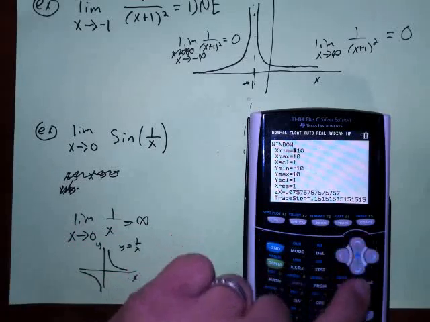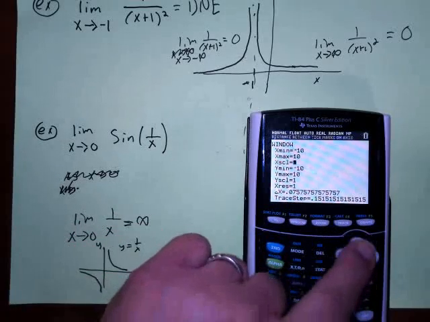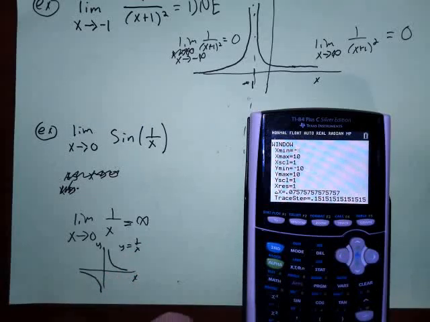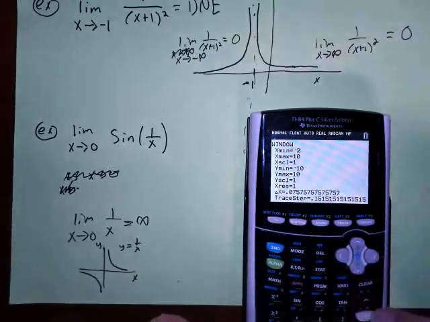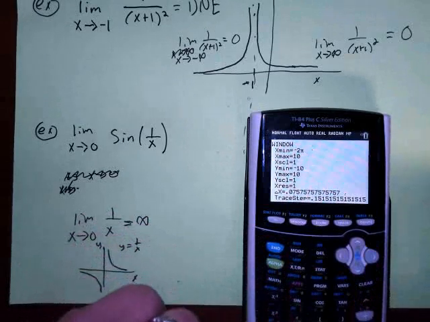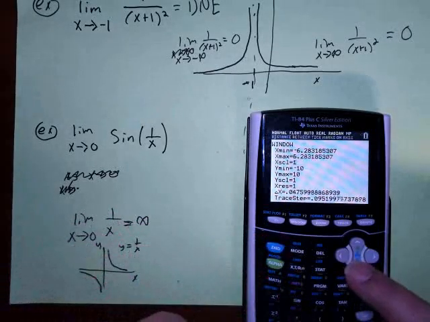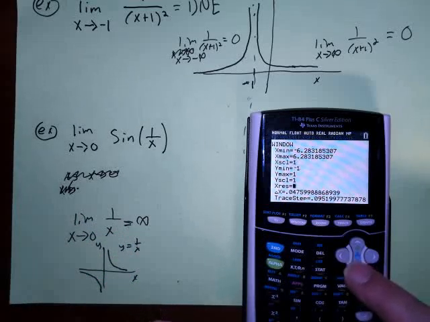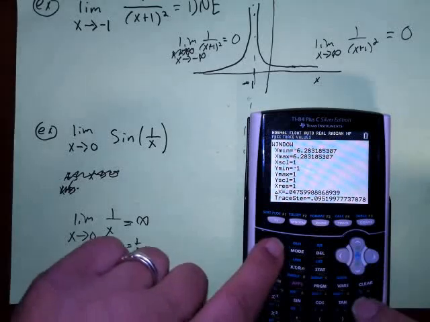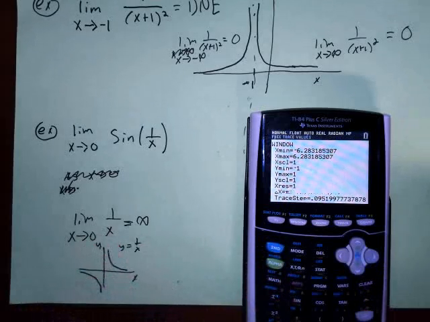So let me actually change my window. I'll do negative 2 pi to 2 pi, and then let me go from negative 1 to 1, and let my step be, I don't know, pi over 24.